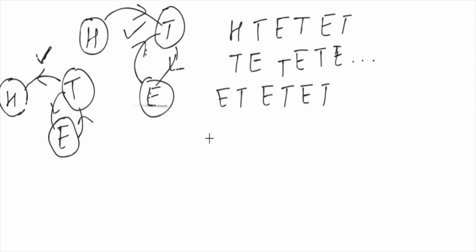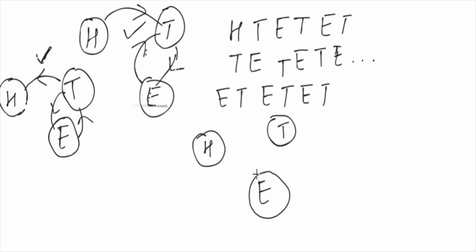For example, if I draw this picture again: head, tail and edge, head goes to tail, tail goes to edge and edge goes to head. Now you know that each state has one incoming and one outgoing. For example, for head, it goes to tail, so one outgoing, and the incoming comes from edge, into head.